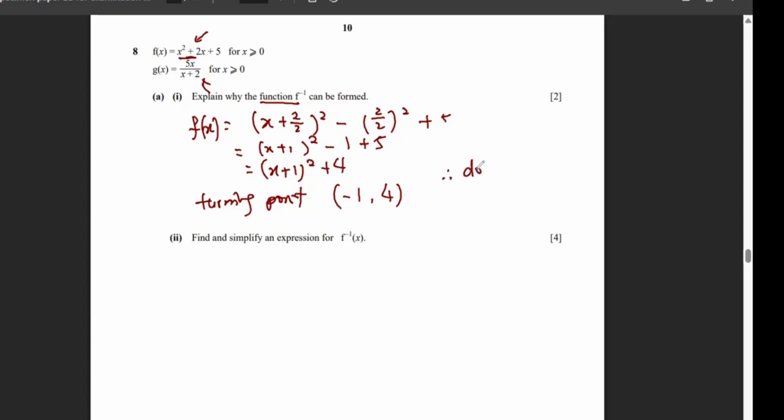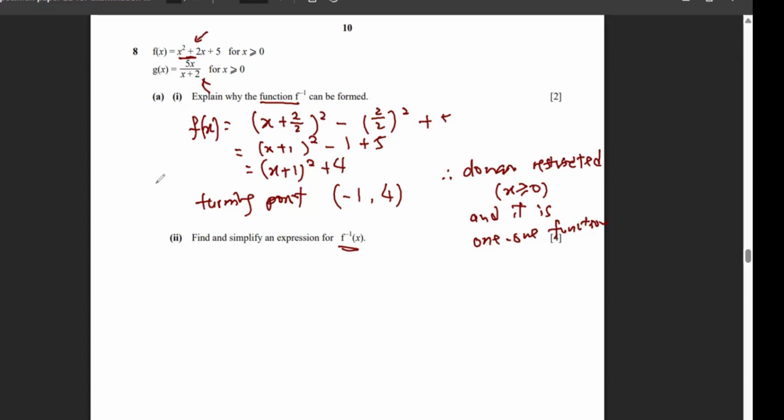So the domain is restricted as x more than 0, and it is a one-to-one function. So if you show me the turning point and prove that the domain is restricted and it's a one-to-one function, then you can gain the full marks. Then find and simplify the expression for f inverse. To find f inverse for a quadratic, we need to use the completing the square form.